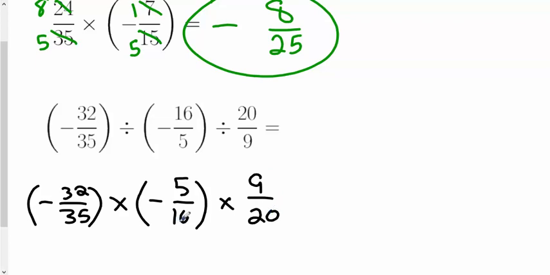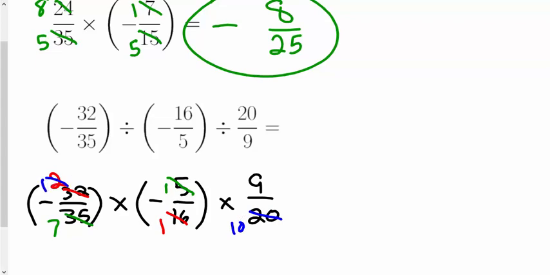Now I'm going to cross reduce. 16 goes into 16 once. It goes into 32 2 times. 5 goes into 5 once, and 5 goes into 35 7 times. And I can also cross reduce with the 20 and with the 2. 2 goes into 20 10 times, and 2 goes into 2 1 time.